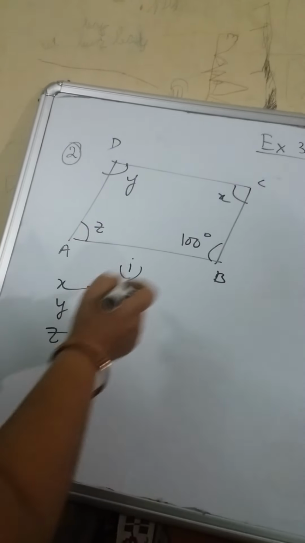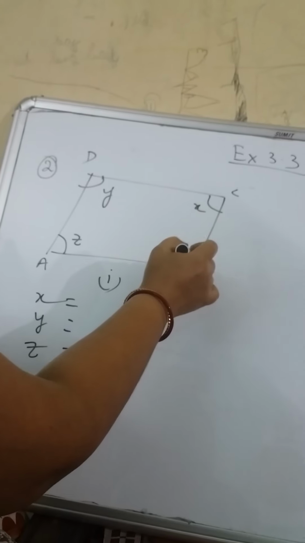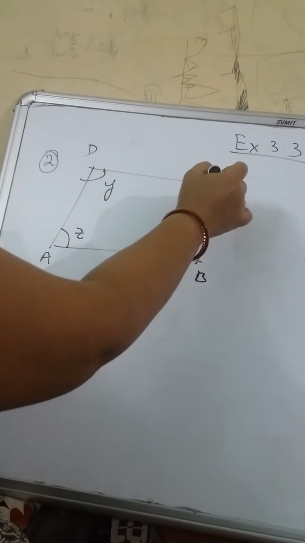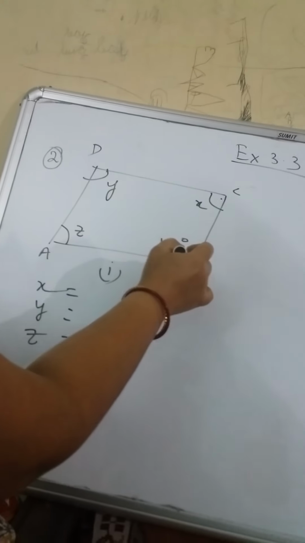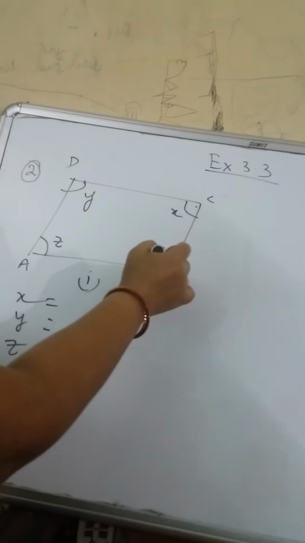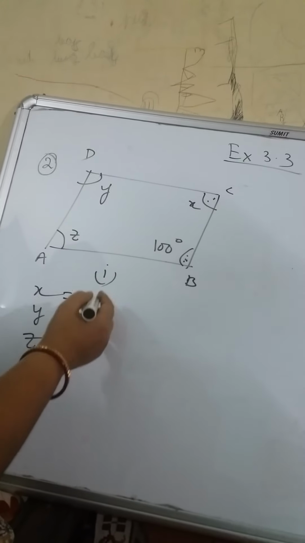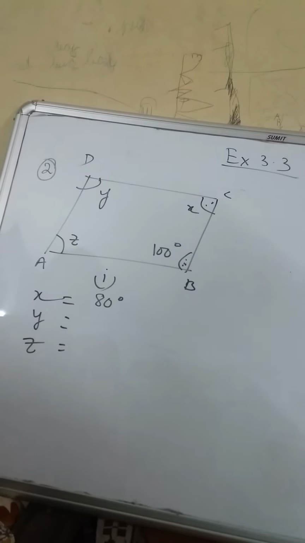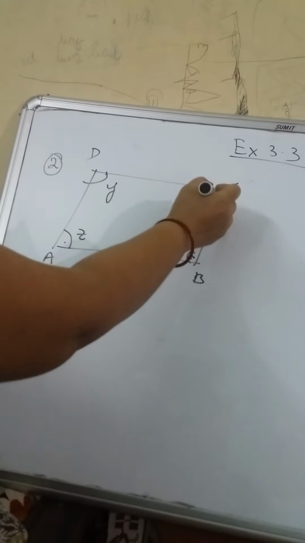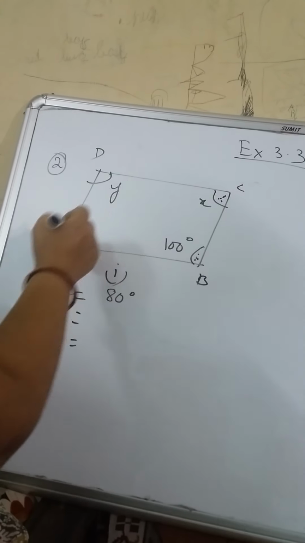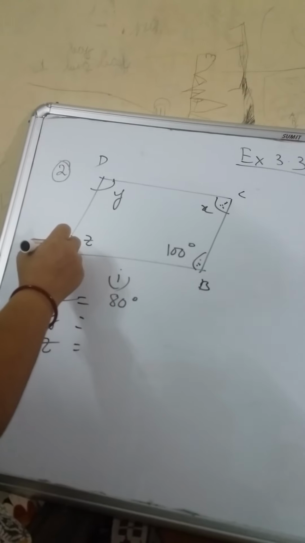If you remember, we have studied that adjacent angles are supplementary. That means this angle plus this angle should be 180 degrees. So if the sum of 100 and x is 180, x will be 180 minus 100, that is 80 degrees. Now x and z are opposite angles, and opposite angles of a parallelogram are equal in measure.